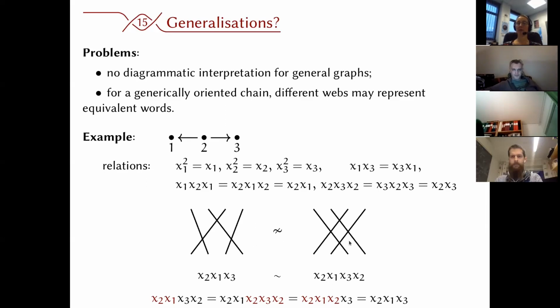This is the only problem. But if you consider something longer, some very strange phenomena come into the picture. So looking at webs, at least such as I presented them, is not necessarily the appropriate way of working with the generically oriented chains.